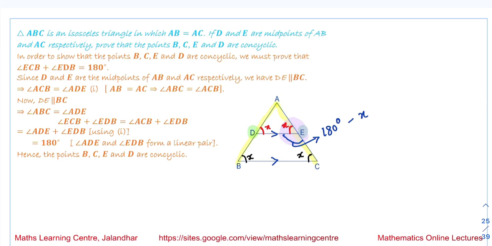Now look at these two angles. This angle at E is 180 minus X, and this angle at B is X degrees.